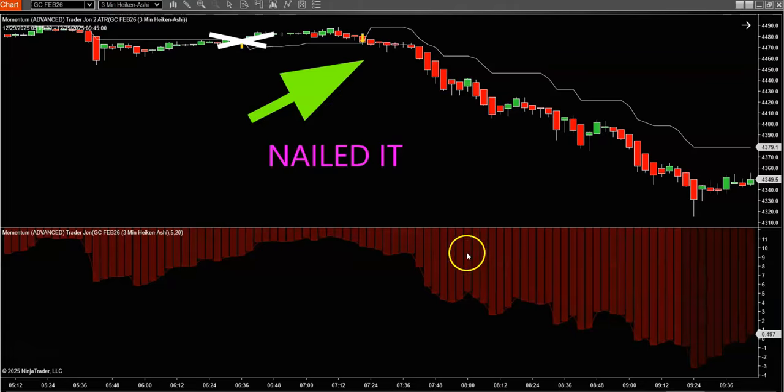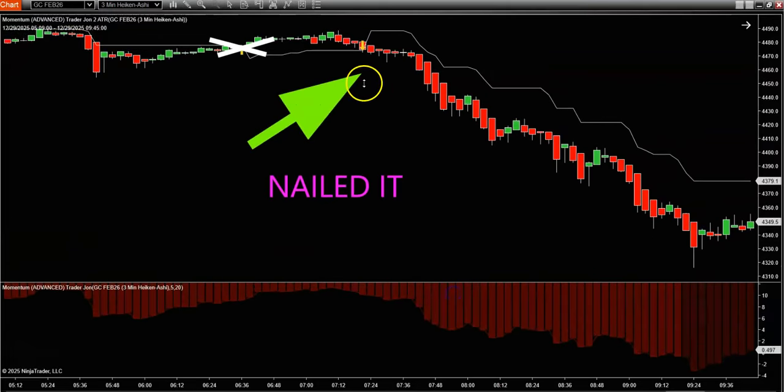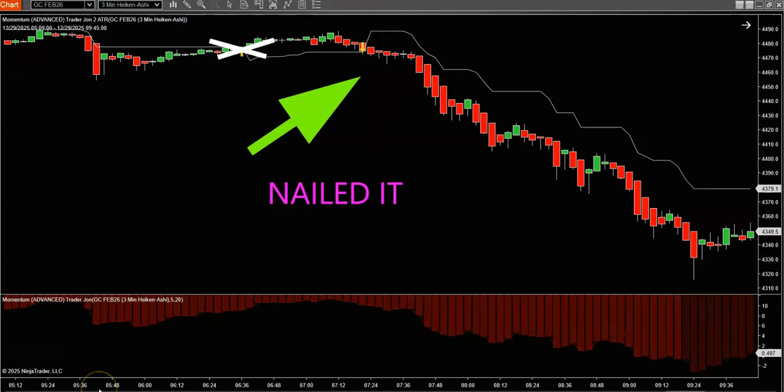And then to look for laser precise entries, you just follow the attached momentum ATR trailing stop loss. Folks, I'm telling you, both of these indicators are going to give you the 1-2 punch that you're missing in your trading toolbox that I am very confident will turn around your trading.